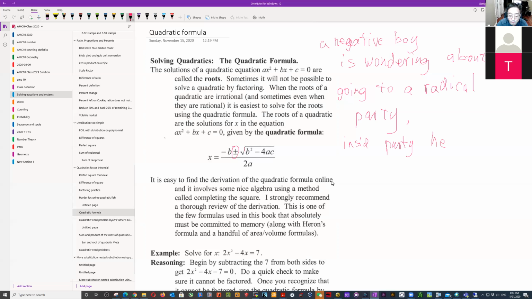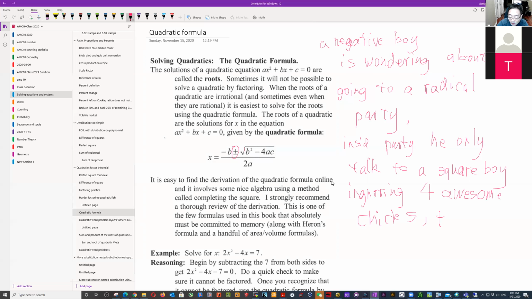The negative y only talks to a square boy. A square boy is just b squared. And ignoring 4, Olsen checks. So for 4ac, just for Olsen checks.